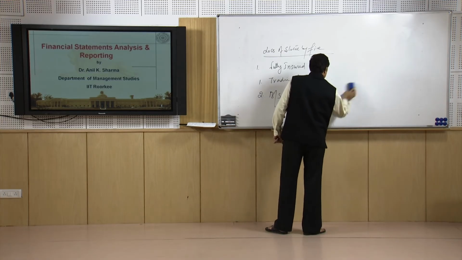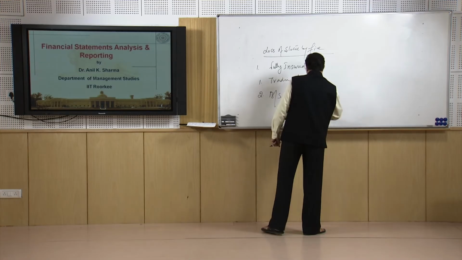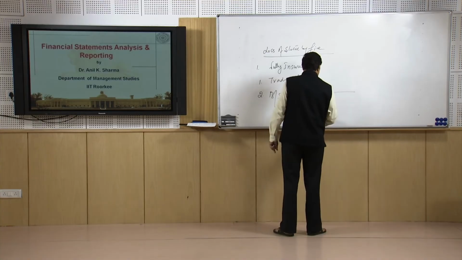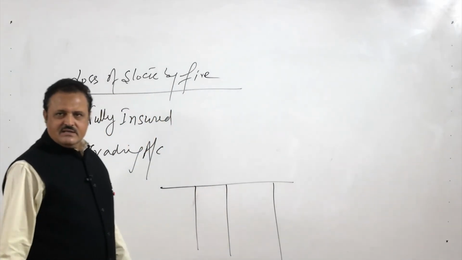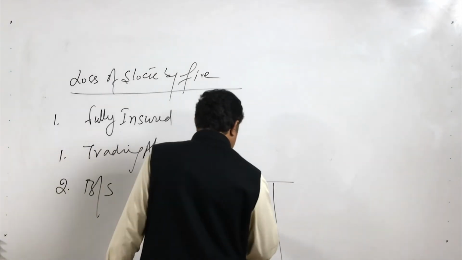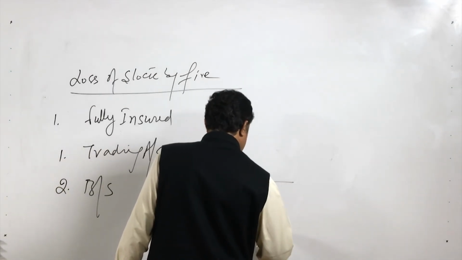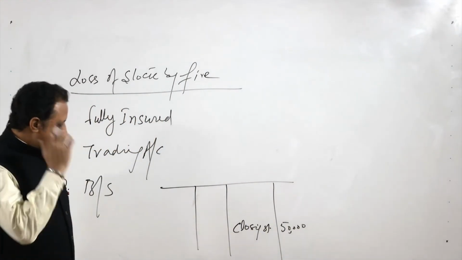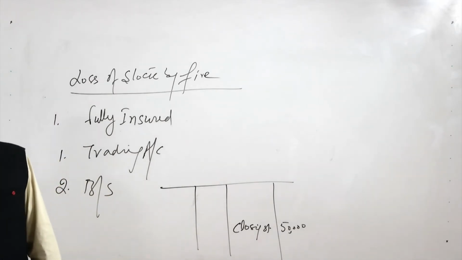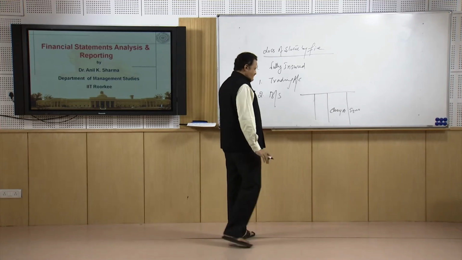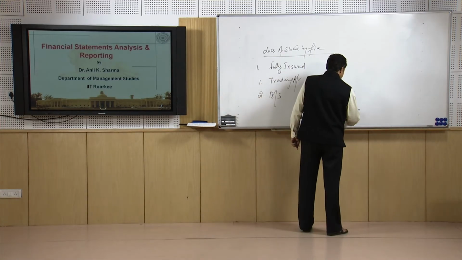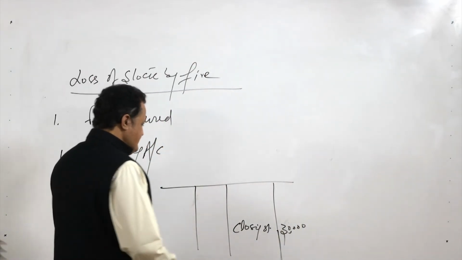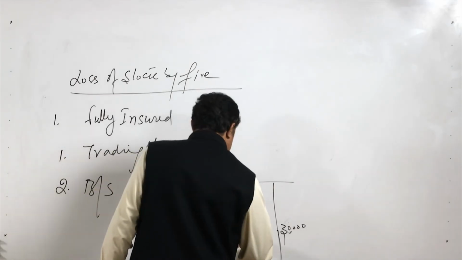In the balance sheet, you will be showing it on the asset side, because normally if there is no loss, we show closing stock as an asset here, and we write here closing stock, say for example, 50,000 rupees. But if there is a loss, then the stock has come down to 30,000 rupees. We will show here 30,000 rupees, and there will be a second head, that is insurance claim.